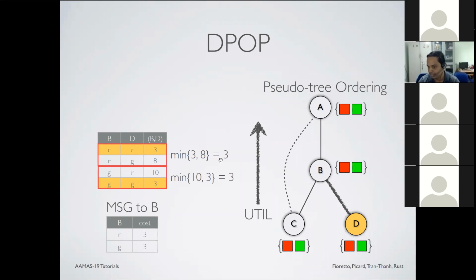The other option: if B chooses green, then out of these 2 values, the minimum is 3, which is obtained when D is green. So the minimum of these 2 is 3, and the minimum of these 2 is 3. We get the minimum values from these 2 combinations: B red with D red, and B green with D green.